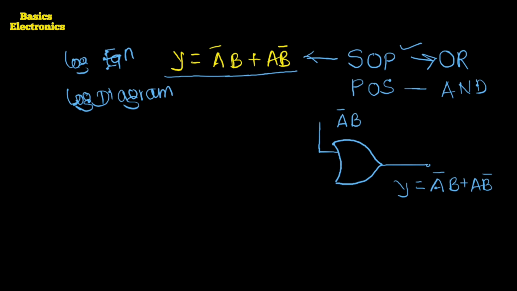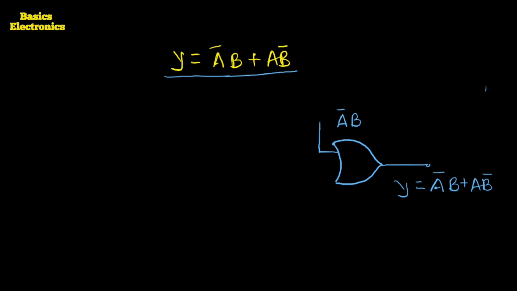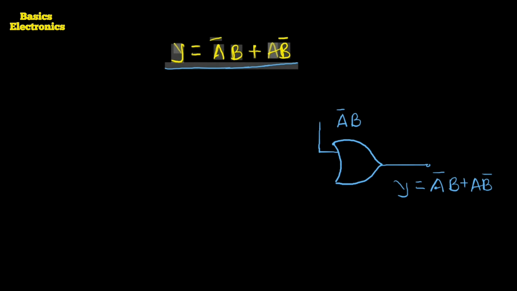Are you getting it? We have to draw the logical diagram of the XOR gate, as the equation of the XOR gate is Y equals A bar B plus A B bar.